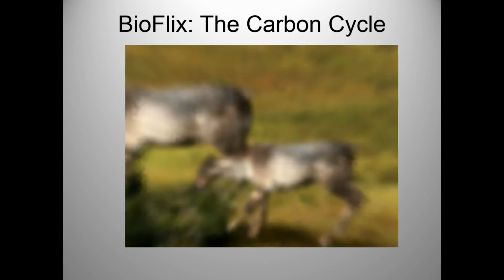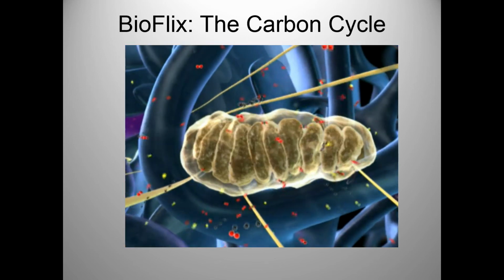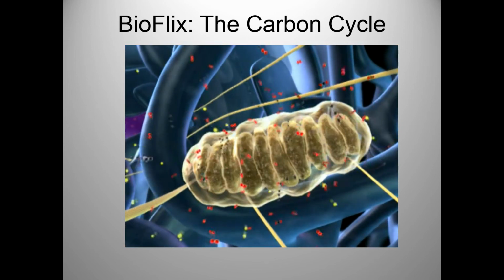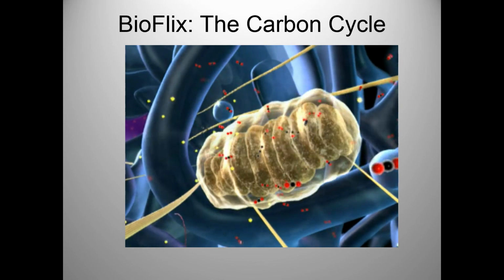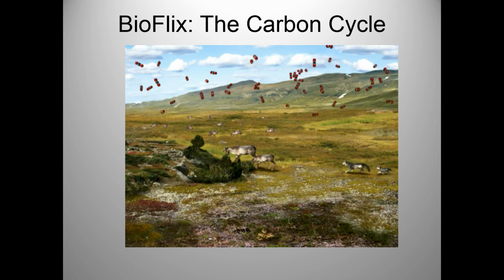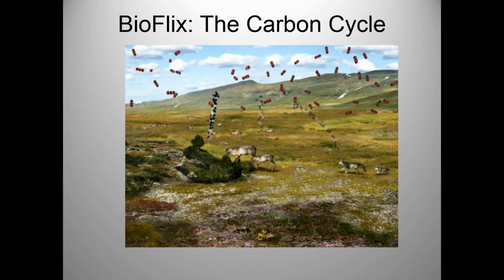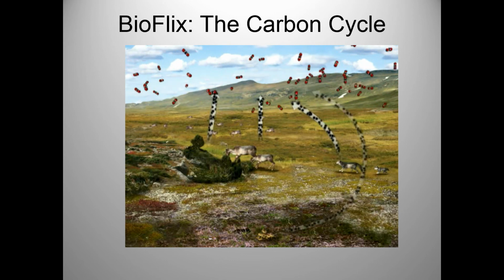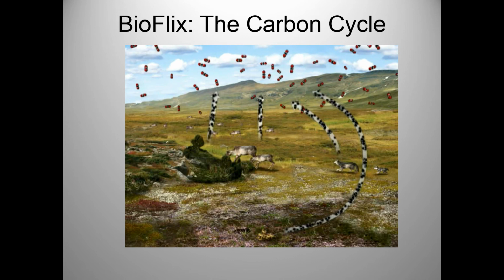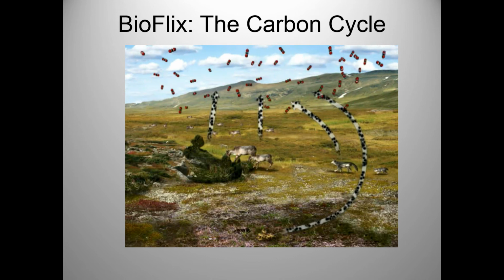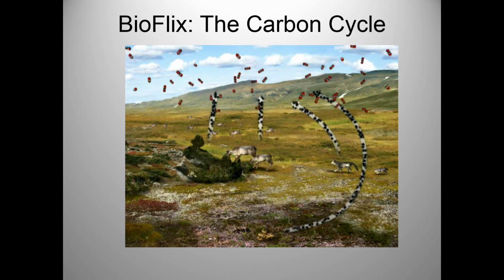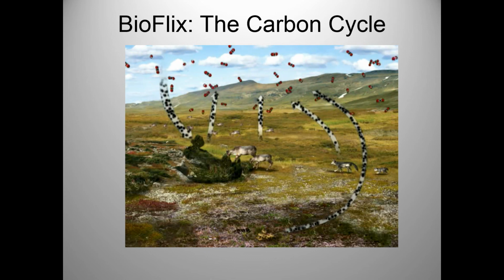During cellular respiration, carbon-containing molecules are broken down, and ATP is made. Carbon dioxide is released as a byproduct and returned to the atmosphere by producers, consumers, and decomposers. Overall, this return of carbon dioxide by cellular respiration is closely balanced by its removal from the atmosphere through photosynthesis.